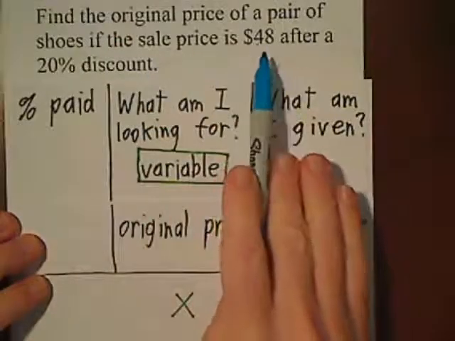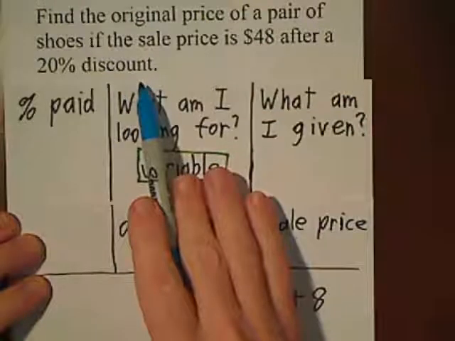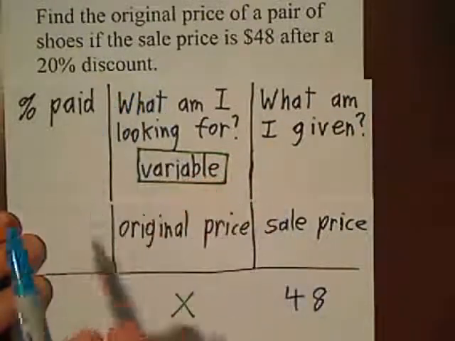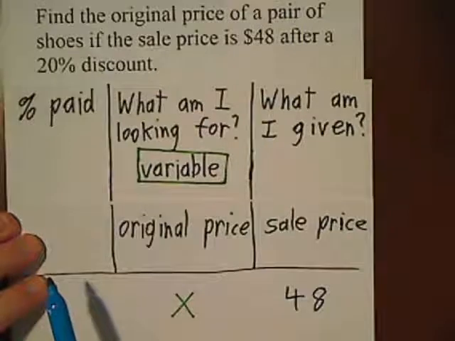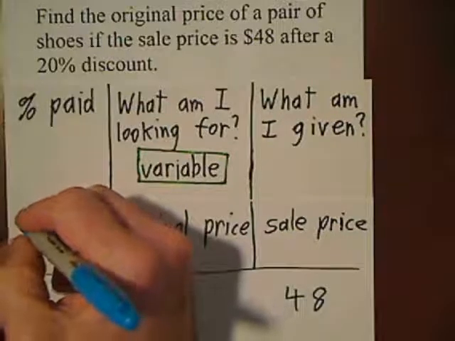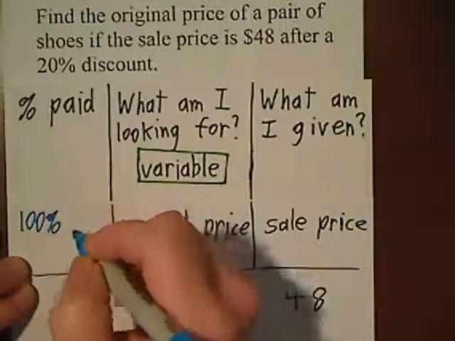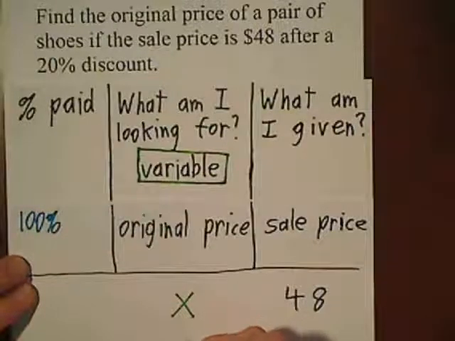if I pay 48 after a 20% discount, I actually paid 80% of the original cost. Make sure that makes sense to you. If I paid 100% of the original cost, I would pay the original cost, right?